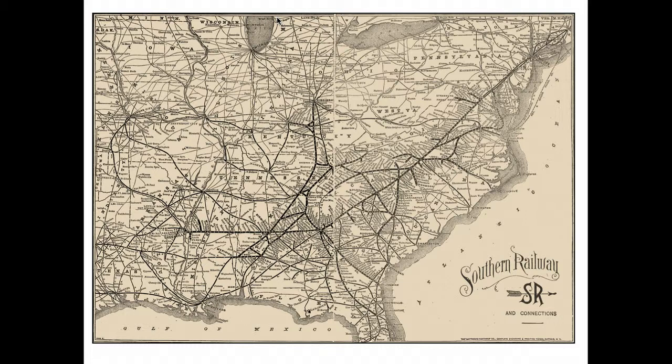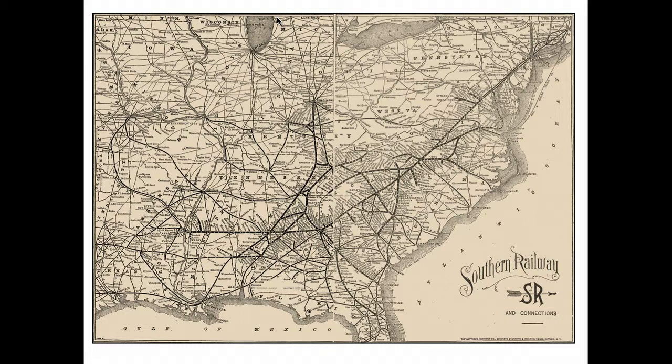They meant that things you made in North Carolina could be sold in Cincinnati, or in Kansas City, or even in California. And the railroad created a kind of market revolution in the South, annihilating space, making it possible for people and the things that they grew or made to move across the country.